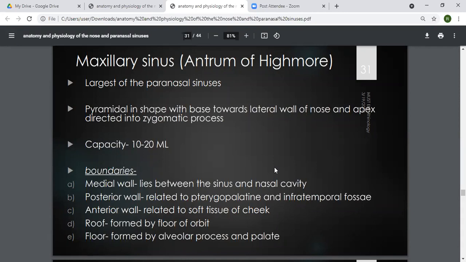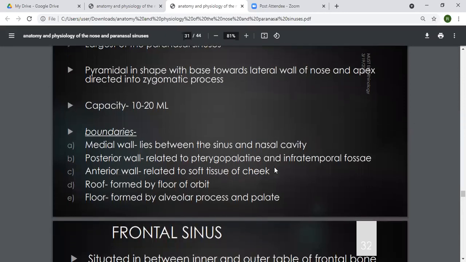It's about 10 to 20 mils, and it's bounded medially by the nasal cavity. Posteriorly, it's the pterygopalatine and infratemporal fossae, while anteriorly, it's related to the soft tissue of the cheek. The roof is formed by the floor of the orbit, while its floor is formed by the alveolar process and palate.